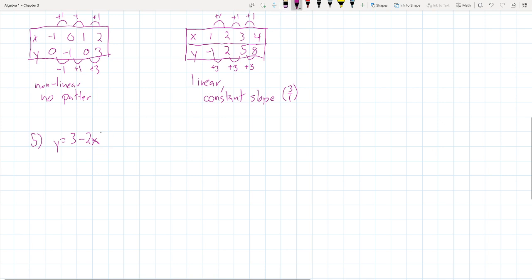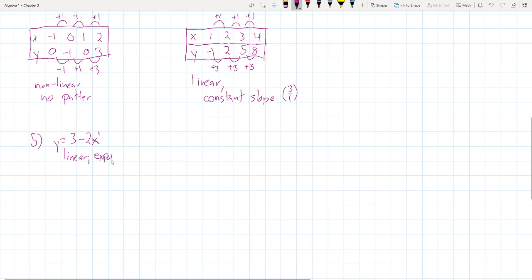And so the exponent is by itself. And so what that tells us is that this is linear. A linear equation is going to have an x where the exponent is 1. And most of the time we don't write the 1 there, so if there's nothing with that x in the exponent place, it's going to be linear.